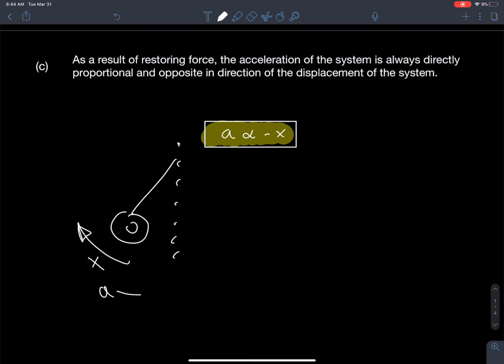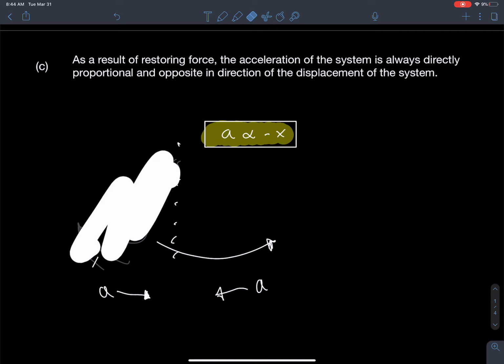My acceleration has to be opposing that motion. If my pendulum is swinging in that direction, my acceleration is opposing its motion. That's what this relationship is saying. And so in true oscillating systems, the acceleration is always opposing the motion of the object, trying to bring it back to the equilibrium position. And I'm going to try right now to see if we can derive that.